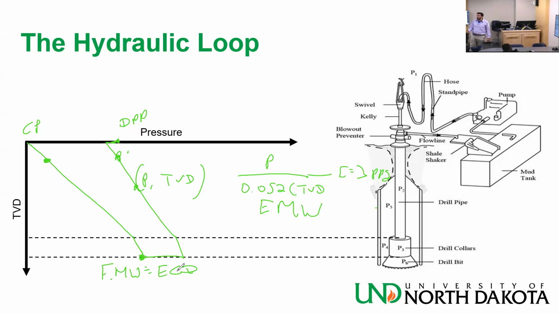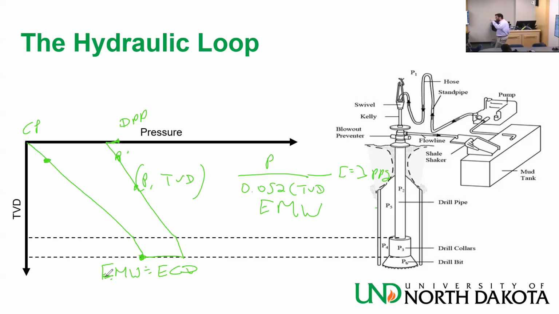Below the bit, with only the annulus left. Basically, the mud made it to the bit through the nozzles of the bit and only has to go through the annulus. So this particular point here, and I was trying to draw E here. This is E. Okay, that is the ECD.